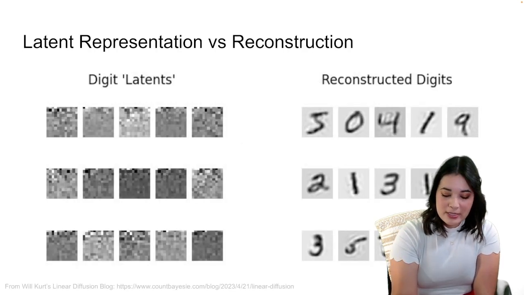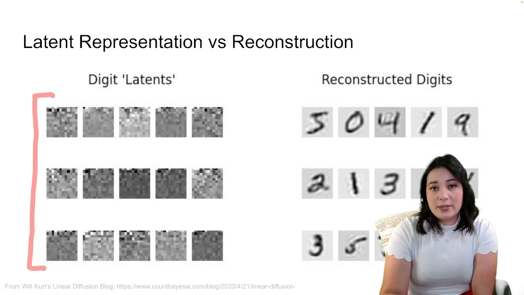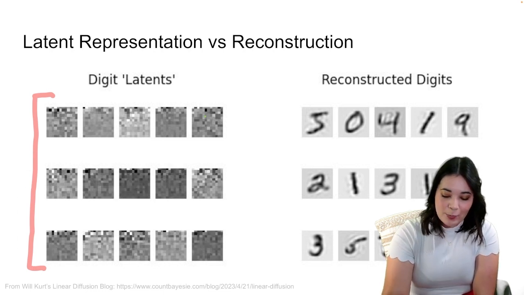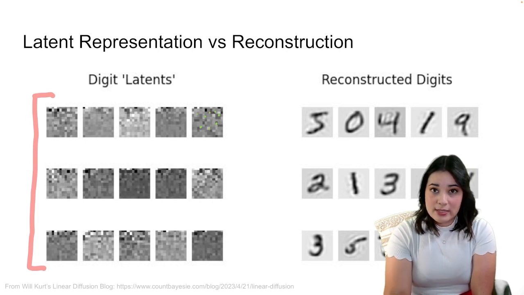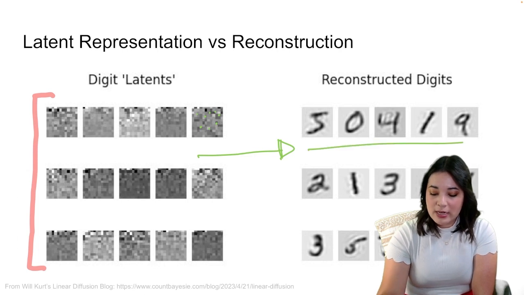For instance, here's some examples of some random hidden representations sampled from a diffusion model. Even if we added some random variation to these representations, because of the realism of the latent space, once we send these through the decoder, we're still going to get realistic looking digits.